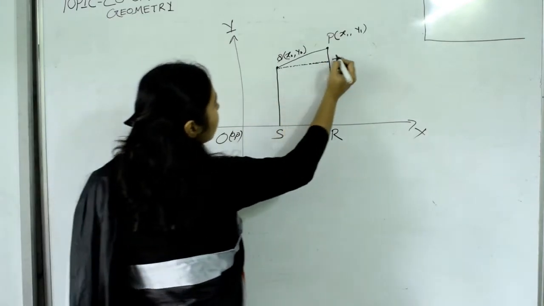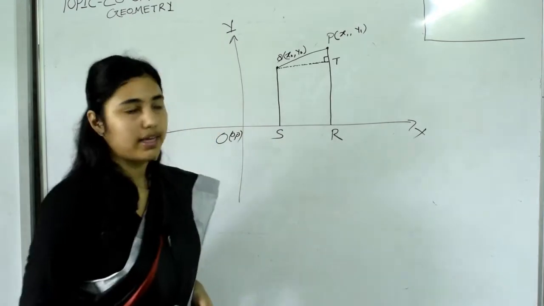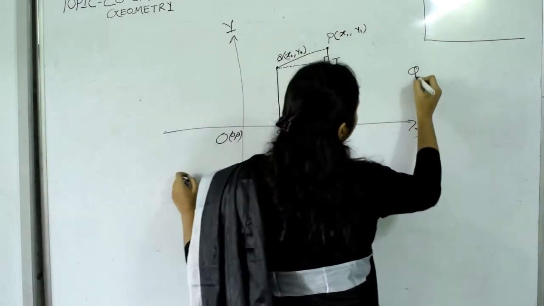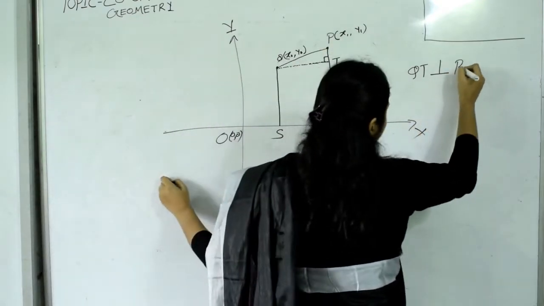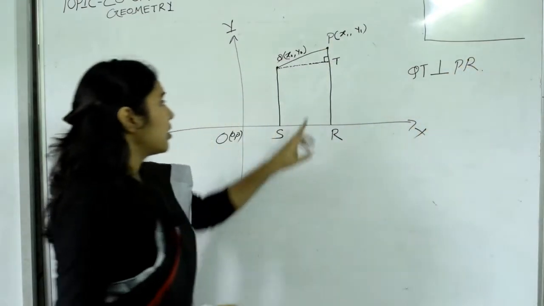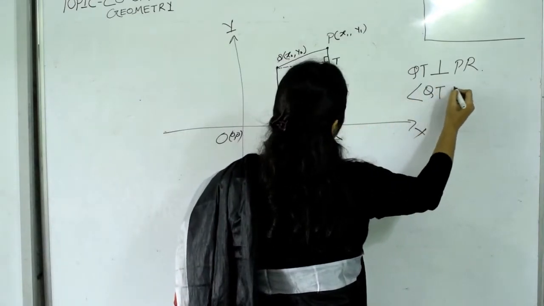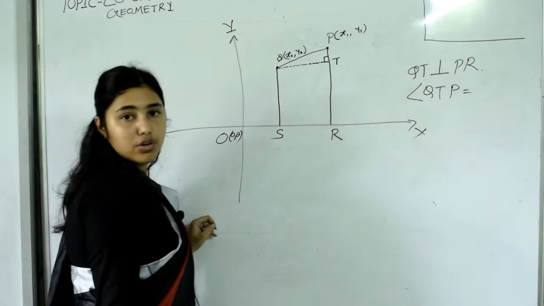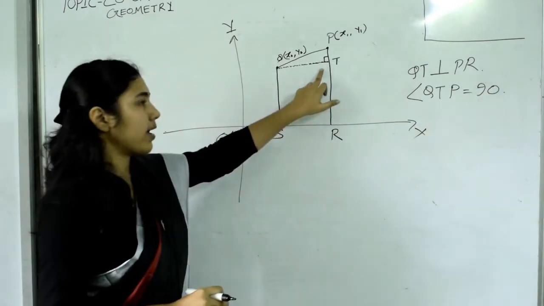Now, tell me the value of this angle. QT is perpendicular to PR, right? Then the angle QTP is equal to 90 degrees, which means a right angle.